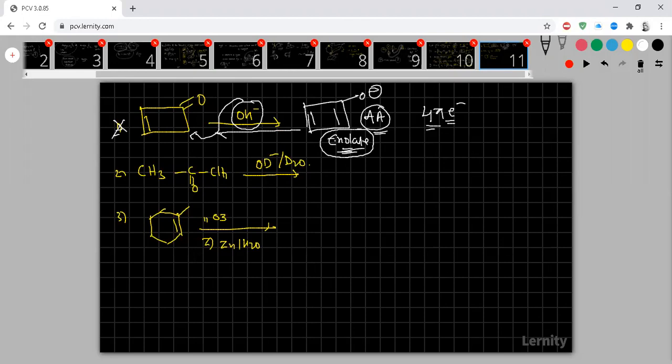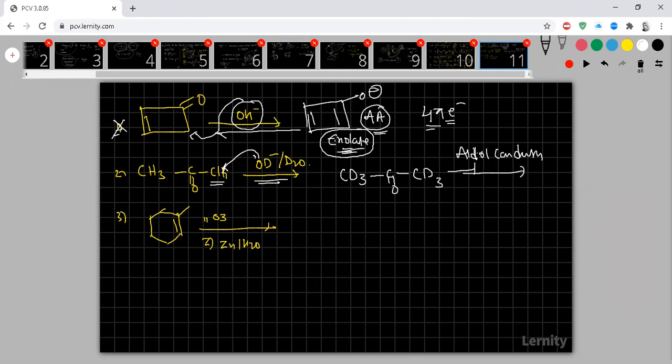Right? The next thing is OD minus, D2O. When we take OD minus, D2O, it does not directly undergo aldol condensation. First, all the hydrogens will be replaced by deuterium atoms. Then this will undergo aldol condensation. Generally, students will think that OD minus will take the hydrogen and let's do the aldol condensation here.